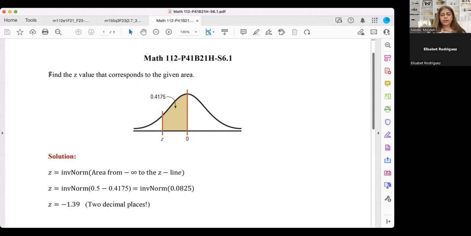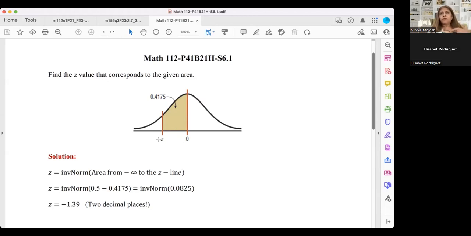Like in this example question, it says find the Z value that corresponds to the given area. I gave you the area from 0 to the Z, the area of this orange region, and I want you to give me the Z value. What is the Z? Since Z is on the left side of 0, Z has to be a negative number.